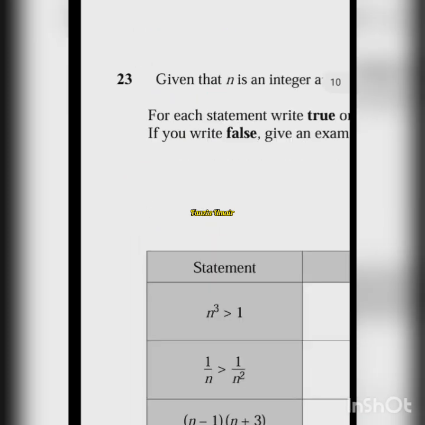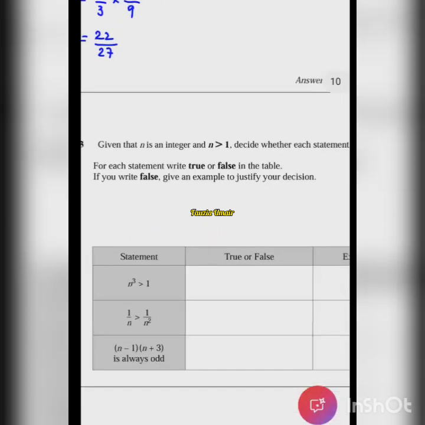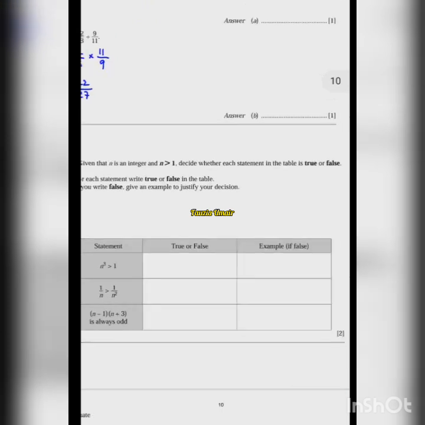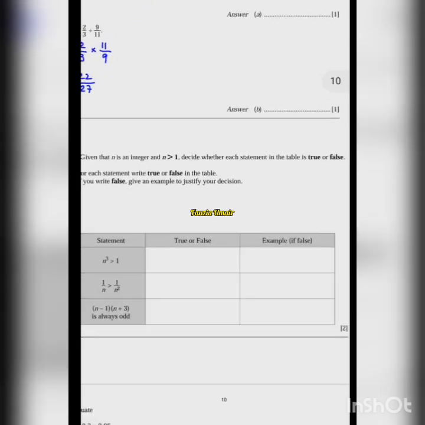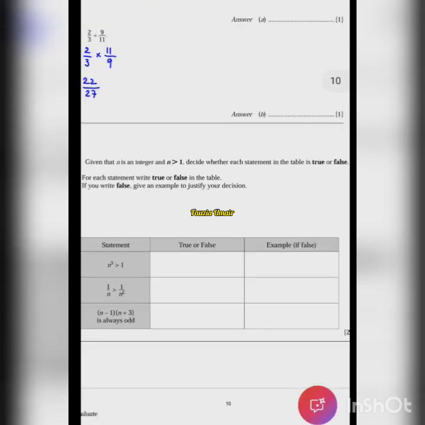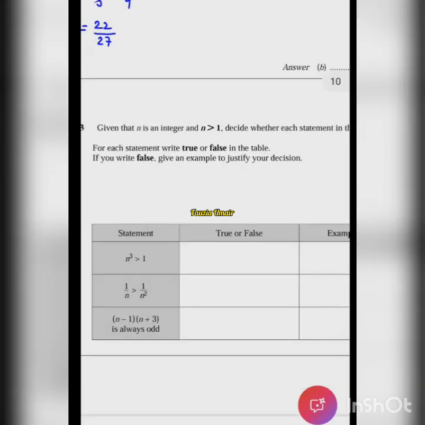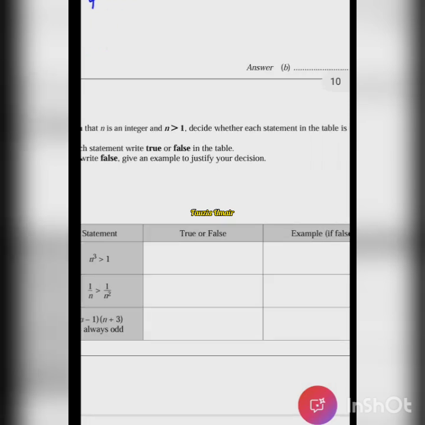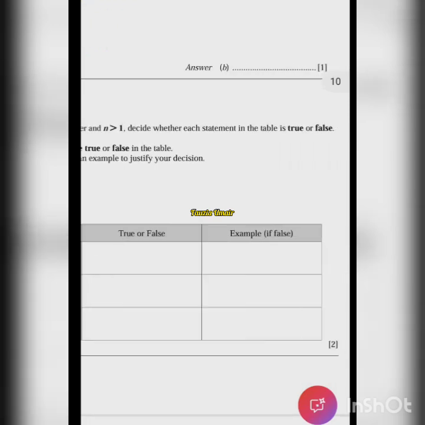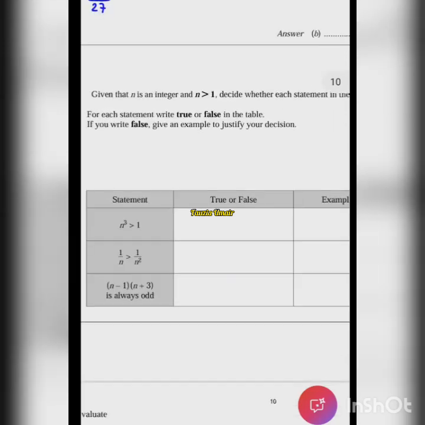Moving on to the next question. The question says, given that n is an integer and n is bigger than 1, decide whether each statement in the table is true or false. For each statement, write true or false in the table.